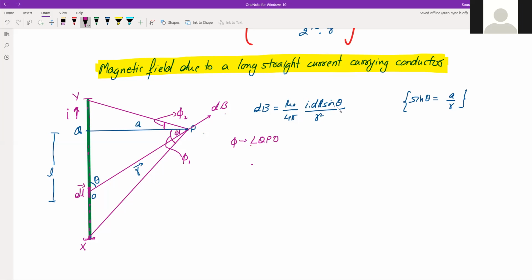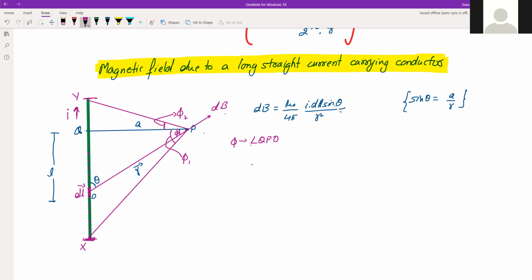This is angle phi, right? Now if we can write the expression in terms of phi, we will have a variable which varies from phi 1 to phi 2. Otherwise we don't have any limiting value, that is, we don't know the lower limit and upper limit of theta. But now we can apply a lower limit and upper limit to this phi.